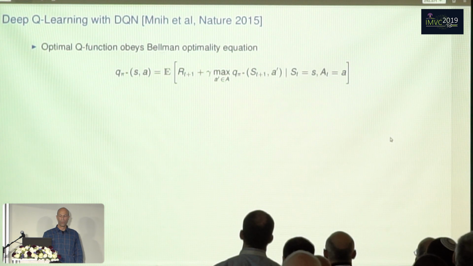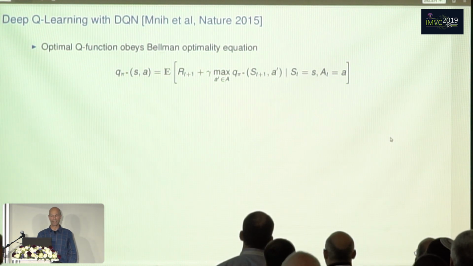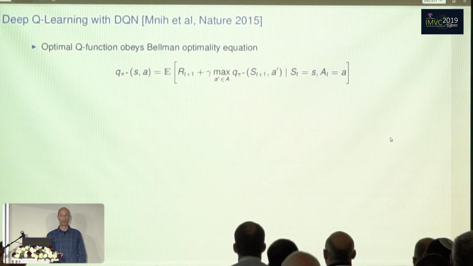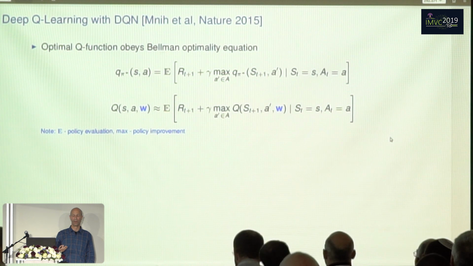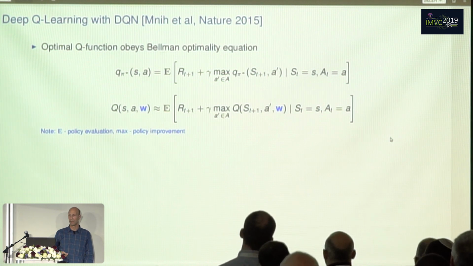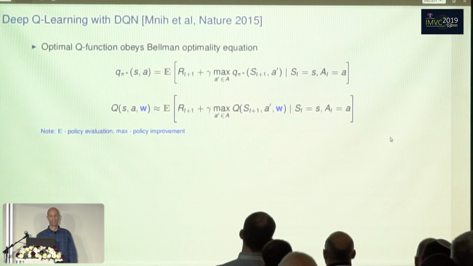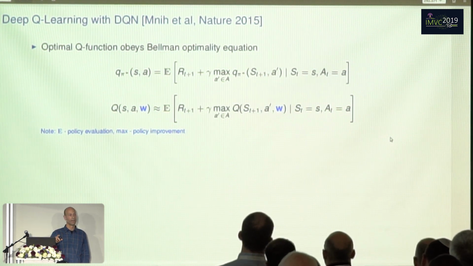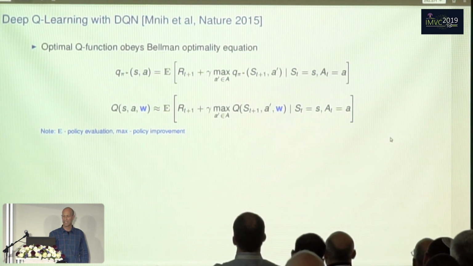The way DQN works is by trying to solve the Bellman equations approximately. The Bellman equations must hold for the optimal value function, and DQN tries to make them hold for the approximate value function as well. And if you look closely here, you will again find generalized policy iteration: the max operator is the policy improvement, and the policy evaluation is the computation of expectation.